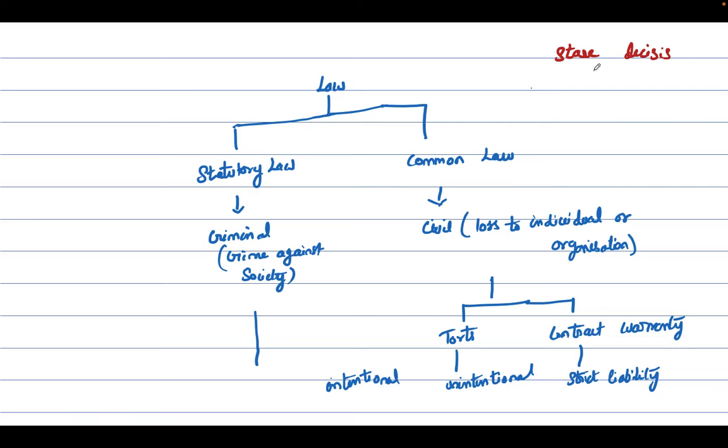a tort is a private or civil wrong or injury other than breach of contract for which the court will provide a remedy in a form of action for the damage. So tort may be intentional if it is committed for a purpose of injuring another person or person's property, or it may be unintentional.